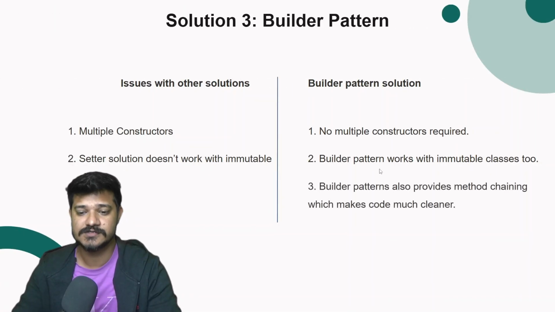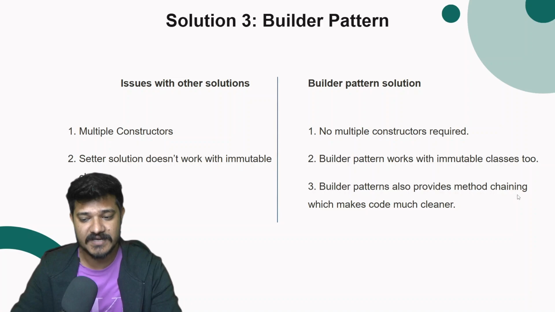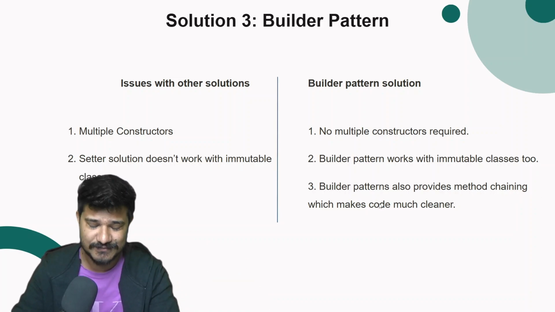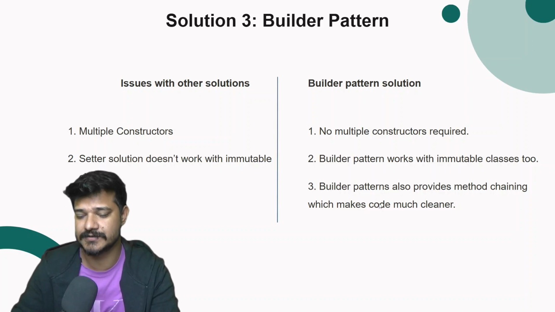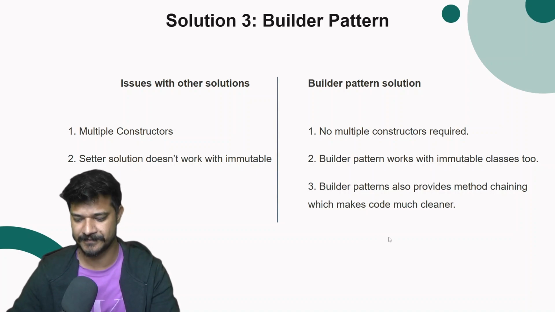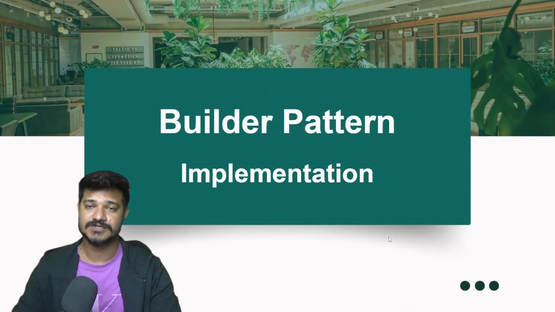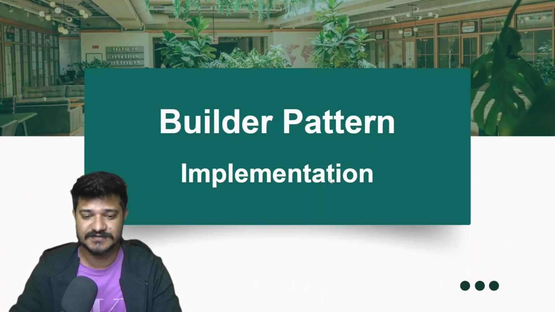Also, the builder pattern provides method chaining, which means you can call one method after another, making the code look much cleaner, right? So this is what the builder pattern provides. Now the question is, how do we implement the builder pattern? Let's have a look at that also.